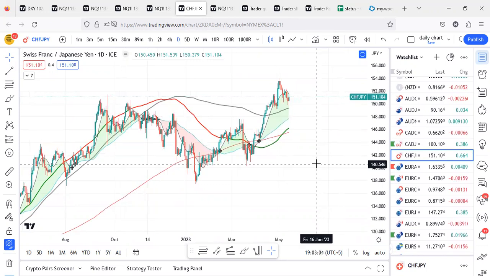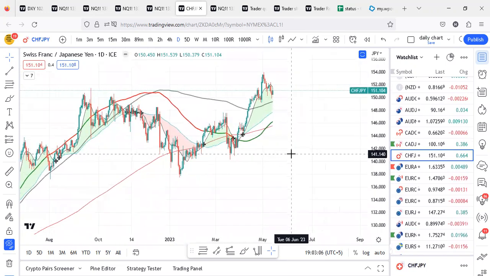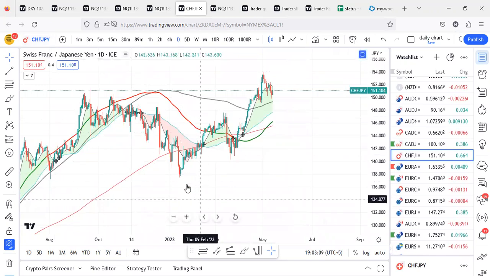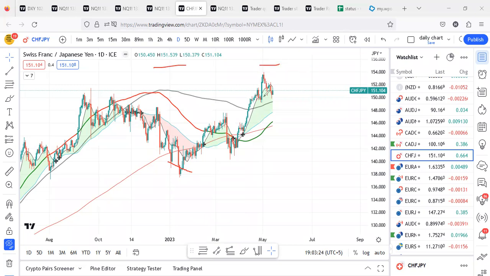And I will tell you my example also, that in Chief Yen, in Swiss franc yen, I bought around here. I remember, and I knew it would go over here. My targets were over here, and when it went here, it was doing like this. I knew it would break up like this.